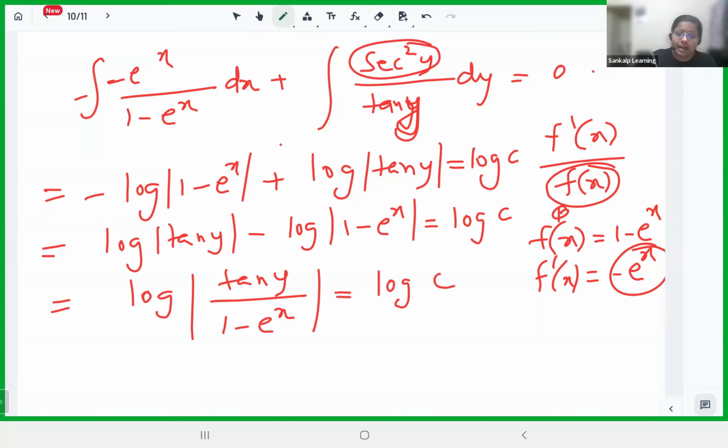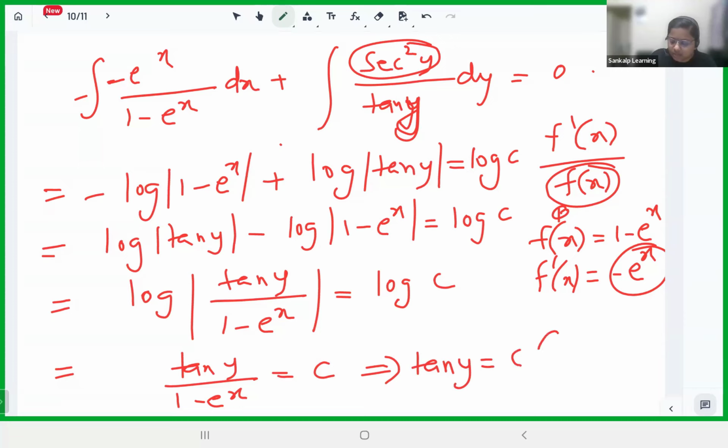Okay, so if you take e power log, then this will be equal to tan y by 1 minus e raised to x is equal to c. So you can rewrite this as tan y equal to c into 1 minus e raised to x. Alright.